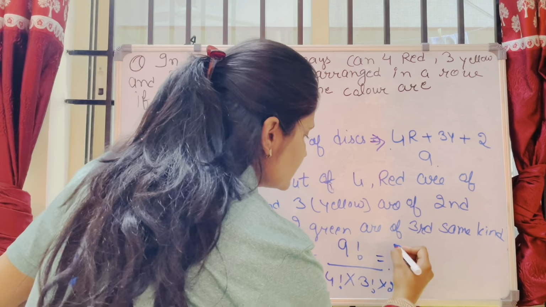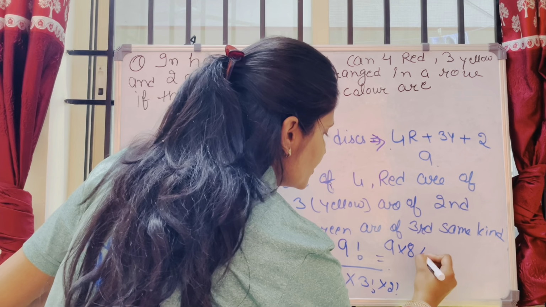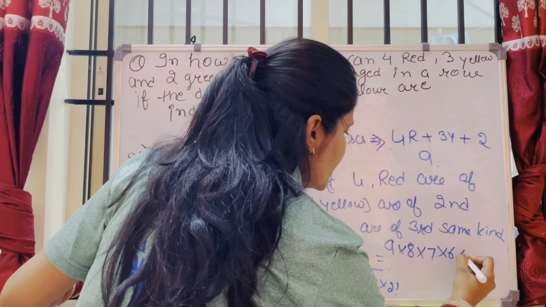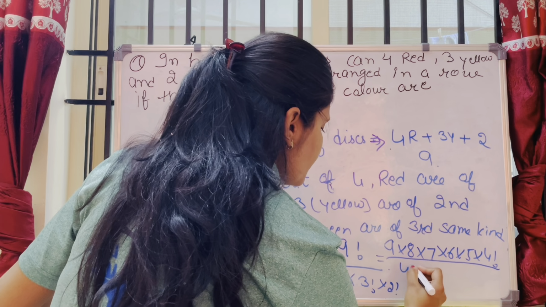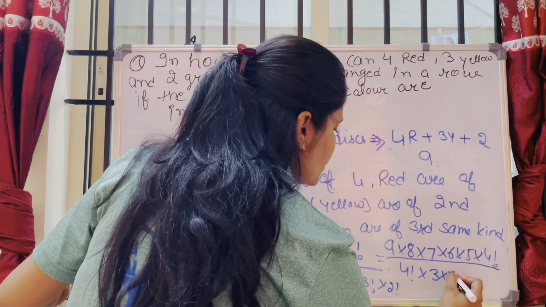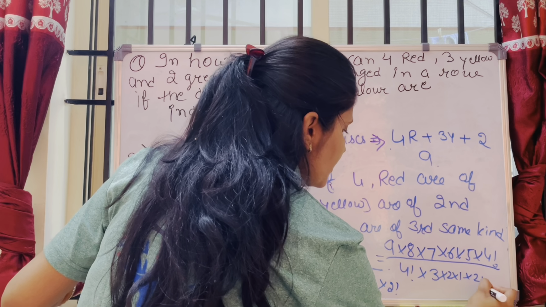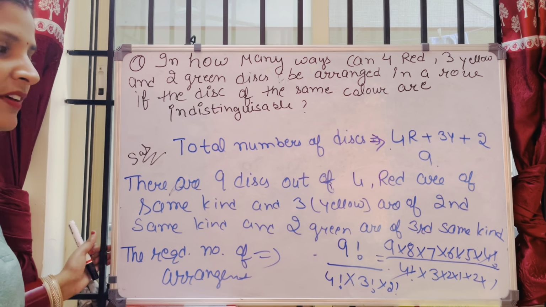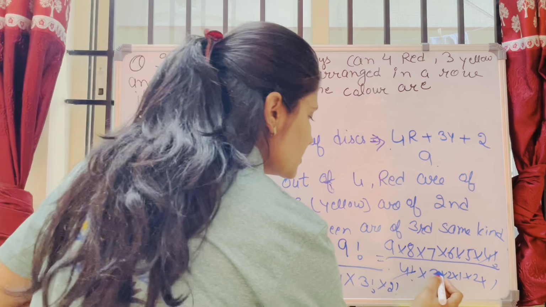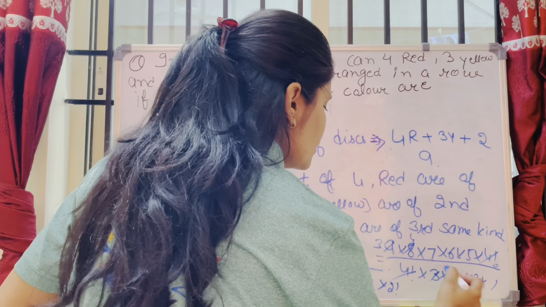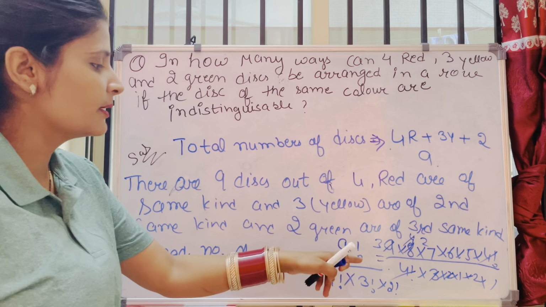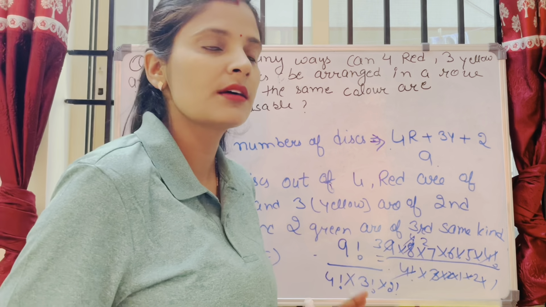In the next step, you can solve: 9 into 8 into 7 into 6 into 5 into 4 factorial upon 4 factorial, 3 into 2 into 1, 2 into 1. Cut 4 factorial, 3 threes are 9, 2 fours are 8. You can multiply these, then the answer will come.